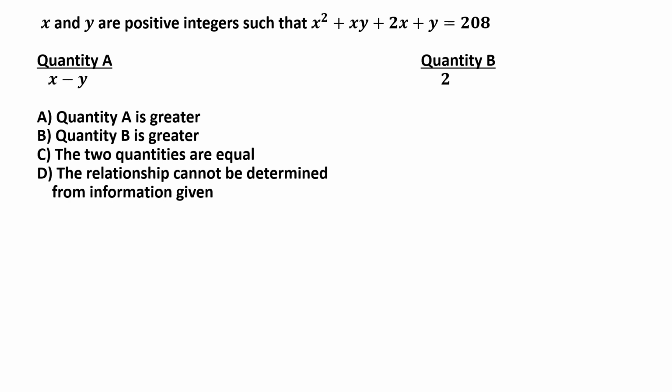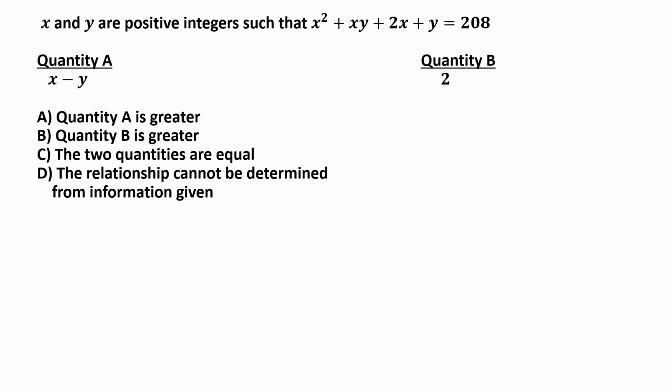However, x and y are not just variables that can take any values, right? They are specifically constrained to be positive integers, and that might give important clues on the values or range of values that x and y can take even from a single equation like this.